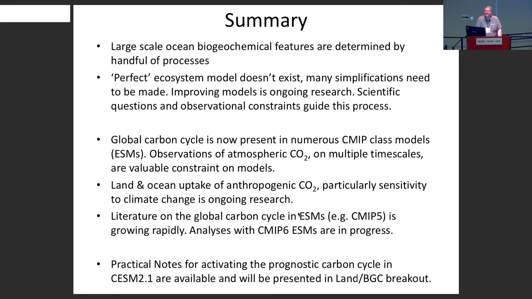The ocean biogeochemistry does feed back onto the temperature patterns of the ocean, primarily through chlorophyll in the ocean, which changes how deep shortwave penetrates into the ocean. If there's lots of chlorophyll, then that shortwave is trapped closer to the surface. If there's no chlorophyll present, then the shortwave tends to get deeper. And so the depth profile of the solar heating changes depending upon the presence of chlorophyll.